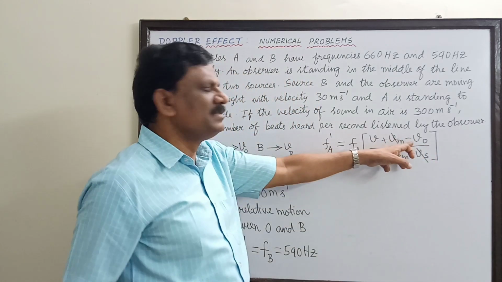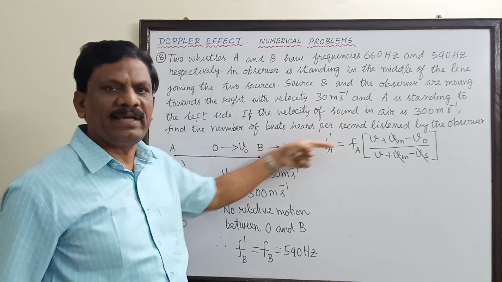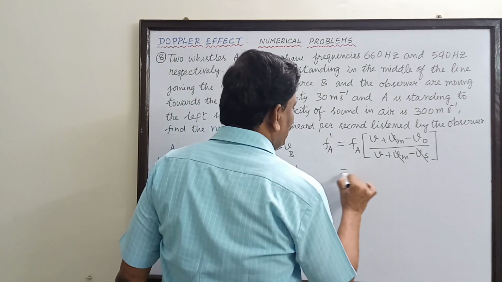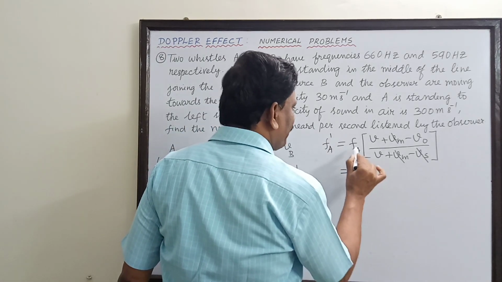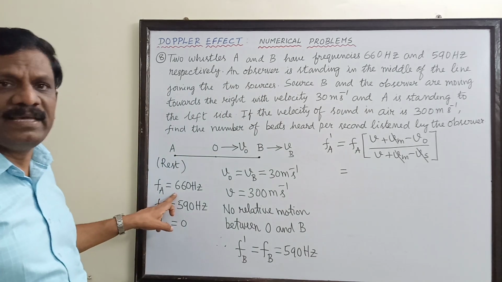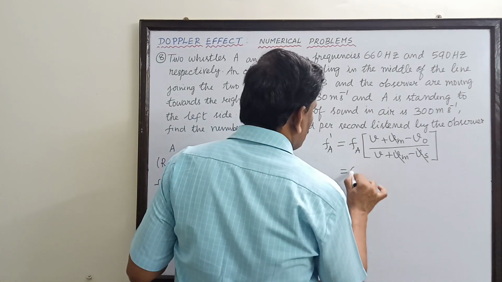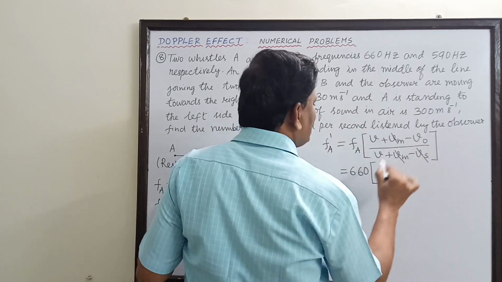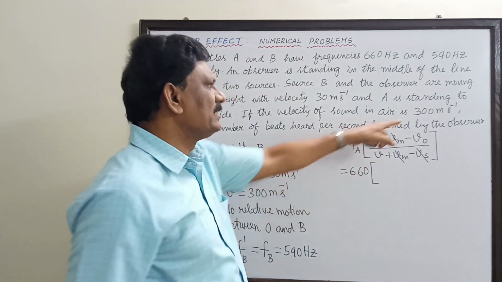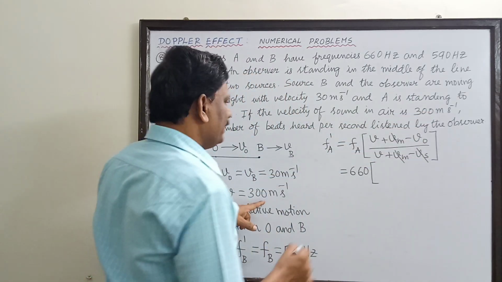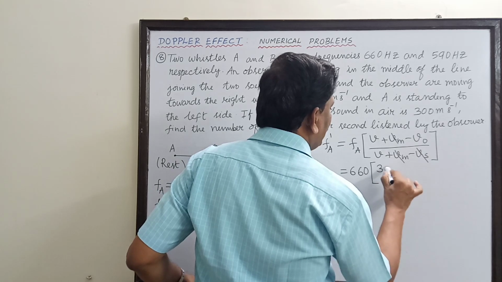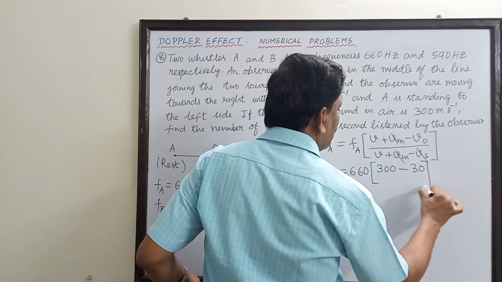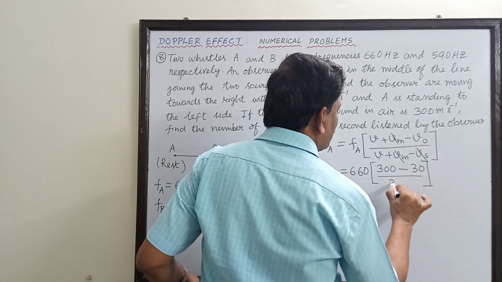But the observer is moving along the positive x direction with the velocity VO. Therefore F dash A equals FA, the actual frequency of A, which is 660, multiplied by (V minus VO), where V is 300 and V observer is 30, divided by the velocity of sound, 300.